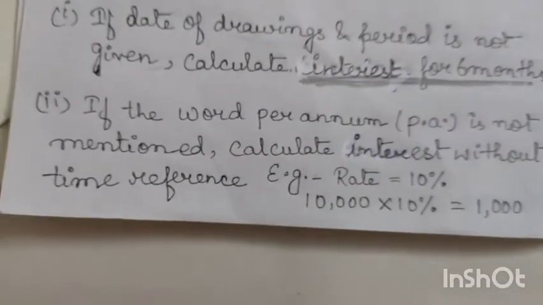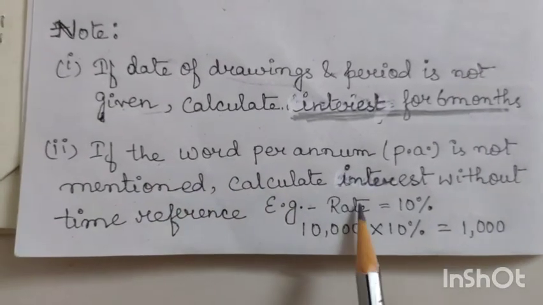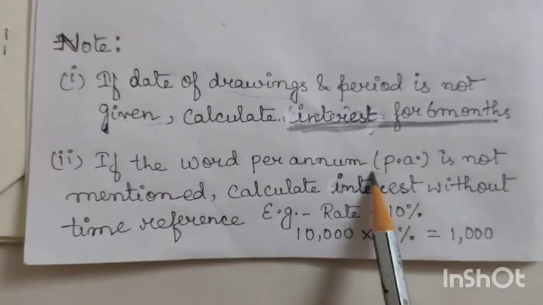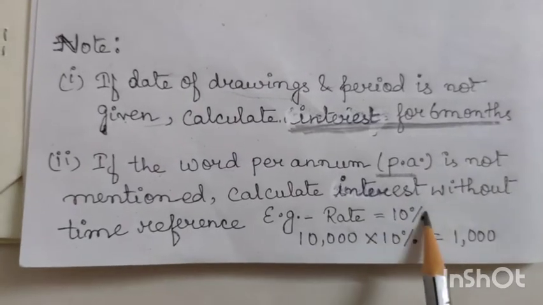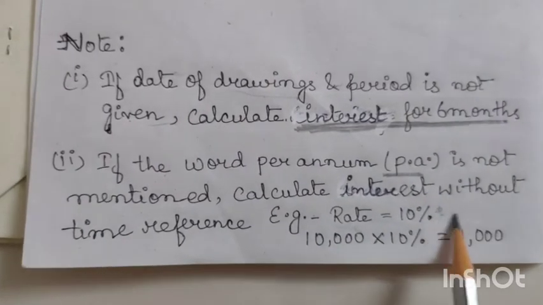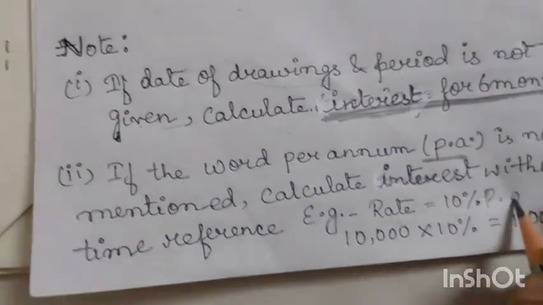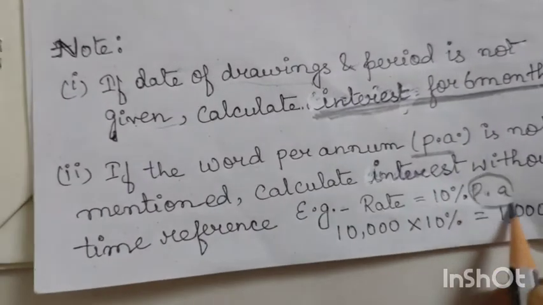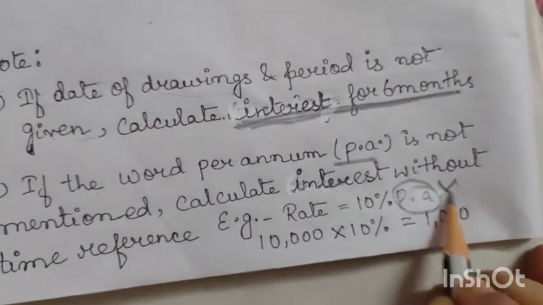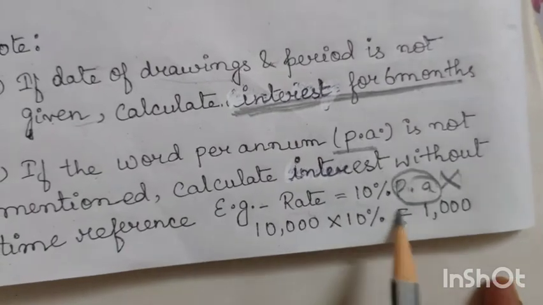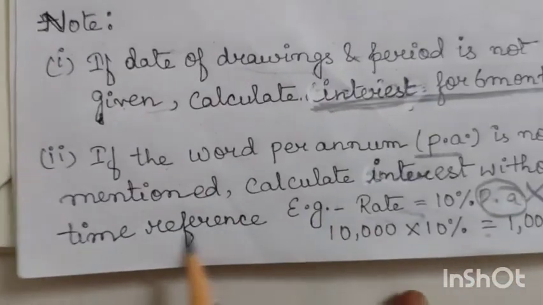And again, one more thing you must remember. Suppose after the rate you must have seen the words per annum mentioned, like 10% per annum, right? But if this word is not mentioned, then you have to calculate without time reference.